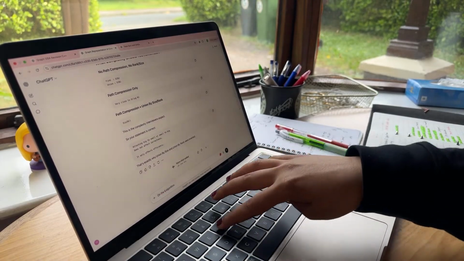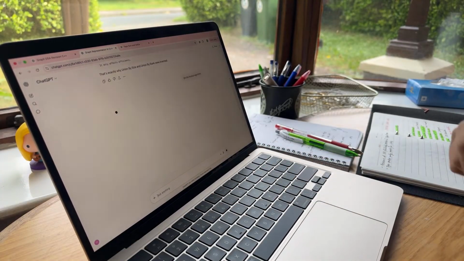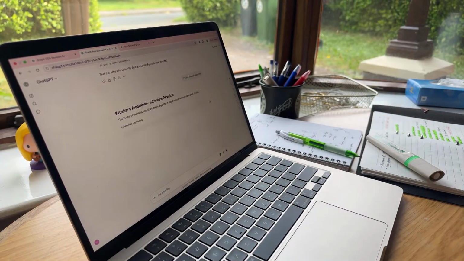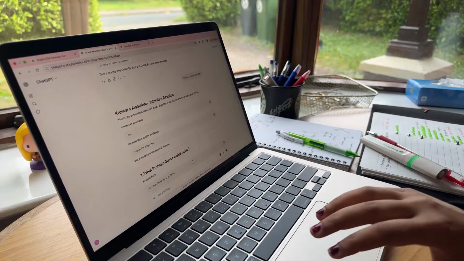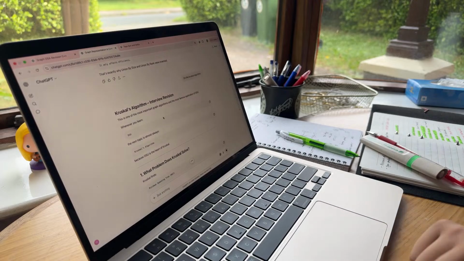I said Kruskal. So you do here path compression plus union by size. Are we also updating the size somewhere?